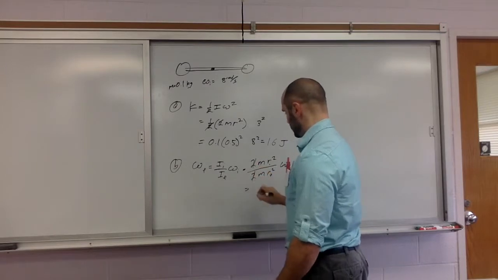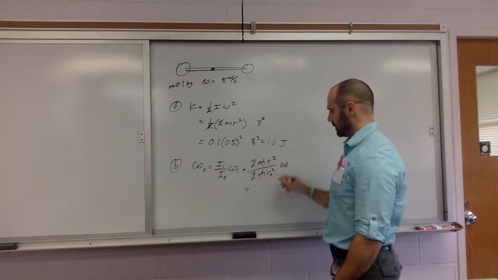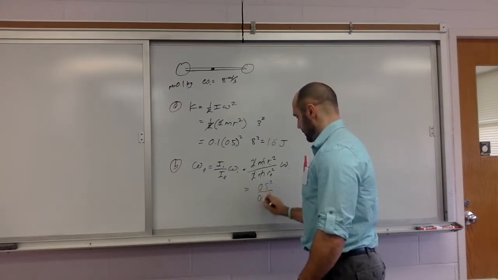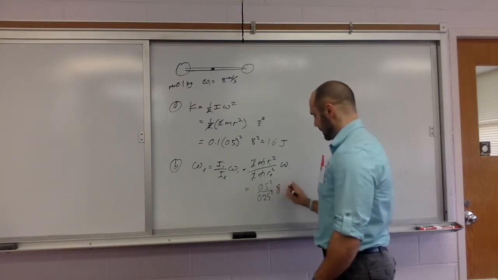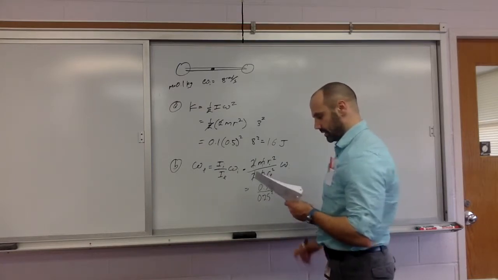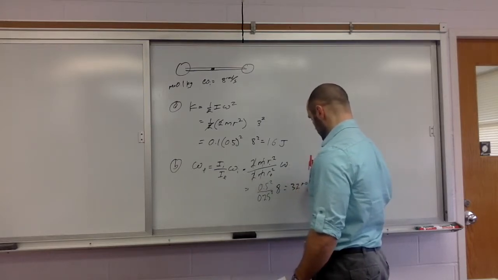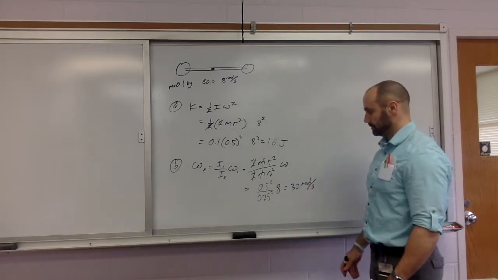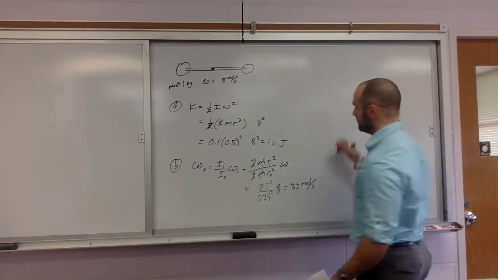Plug these in. The masses are the same, and so Ri squared over Rf squared. This is 0.5 squared over 0.25 squared times 8. Okay, and that's going to give me 32 radians per second.